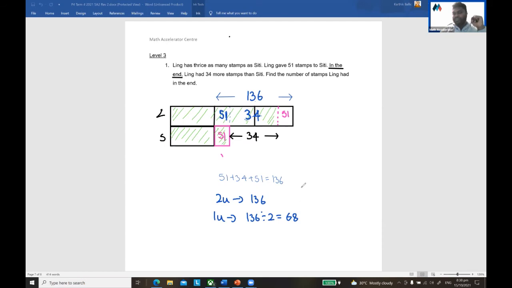Now look at the question here. Find the number of stamps Ling had in the end. Now I'm going to erase the 136 part here. In the end, if you look at the model, is my green shaded portion here, correct? How do I arrive at the green shaded portion?